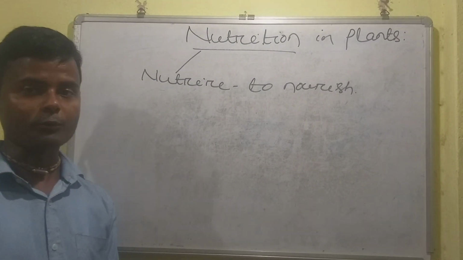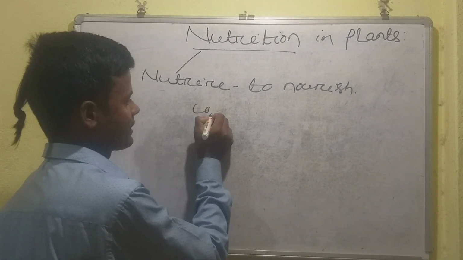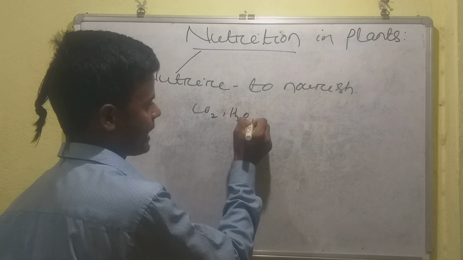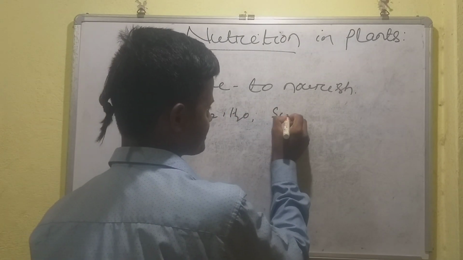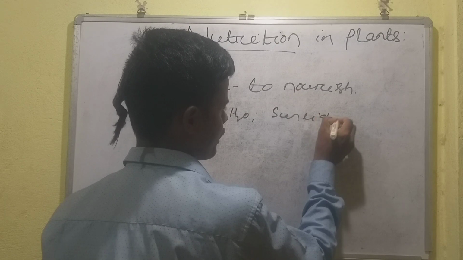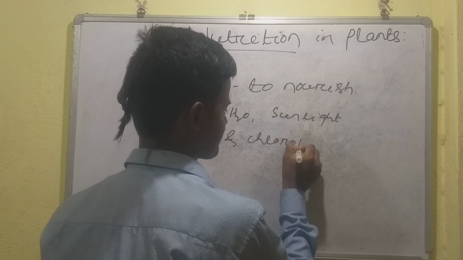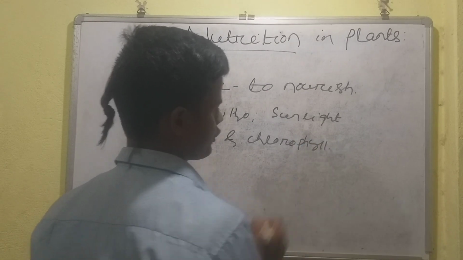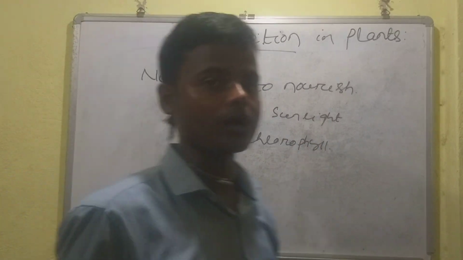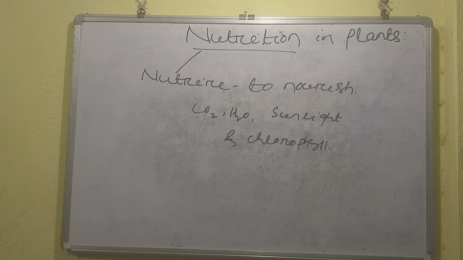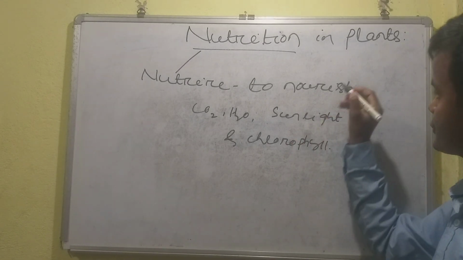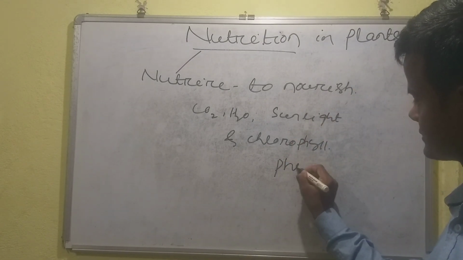Plants prepare their own food material by using carbon dioxide and water, in the presence of sunlight and chlorophyll. So plants are called autotrophs. Plants prepare their own food material by the process of photosynthesis.